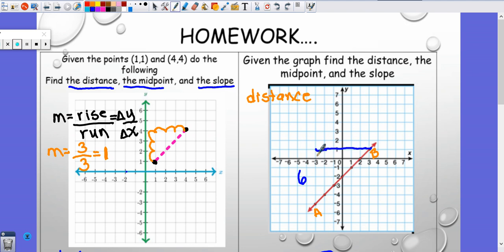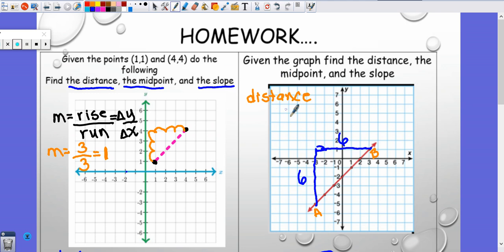Make sure you connect your points very well so you don't have to do what I'm doing. 1, 2, 3, 4, 5, 6, and then here is 1, 2, 3, 4, 5, 6. So this is a 6 and 6. I got 6 up, 6 over.